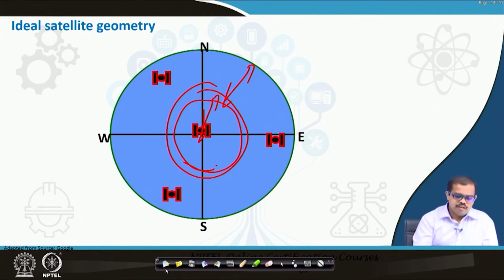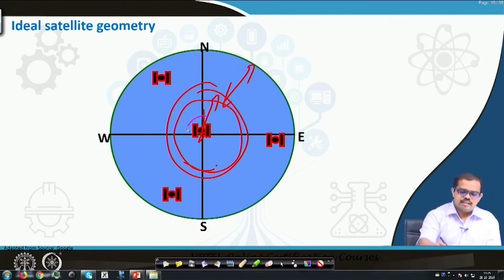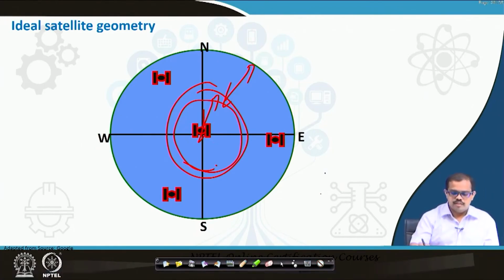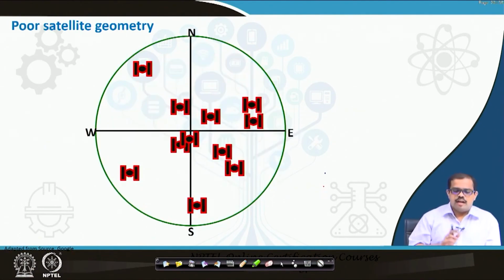So if this is the thing that is ideal, when you look at many of your systems, most of your systems are something like this.